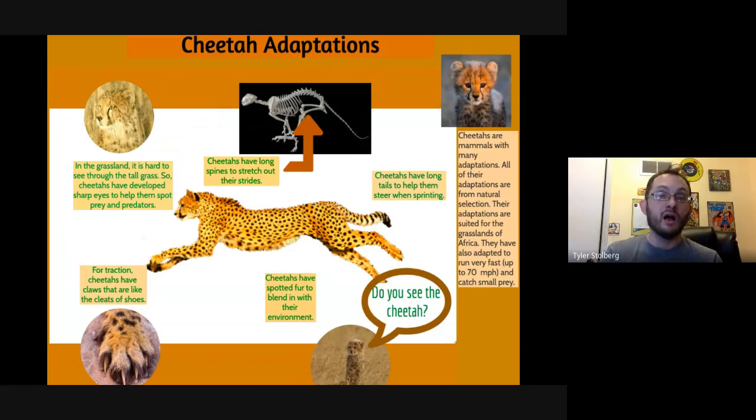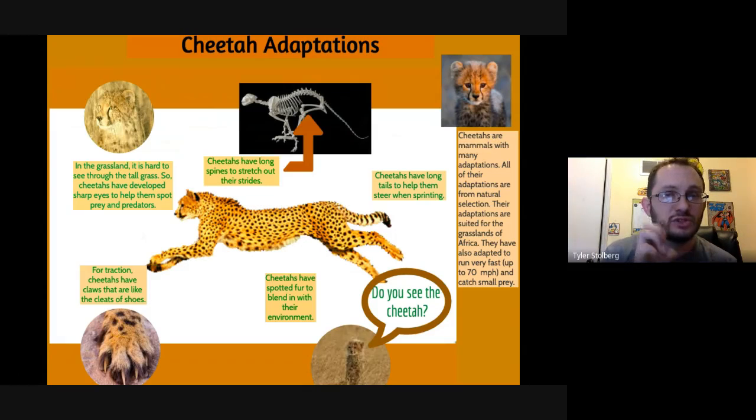Right. On this page, this is an infographic about cheetahs. It's talking about all of the adaptations that cheetahs have that help them survive. They're able to blend into the grass. They have claws that dig into the ground, kind of like cleats on shoes. If you run track or play football or baseball or soccer, you usually wear cleats to keep you from slipping in the grass.